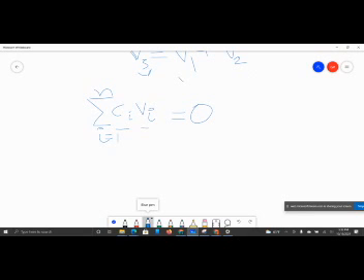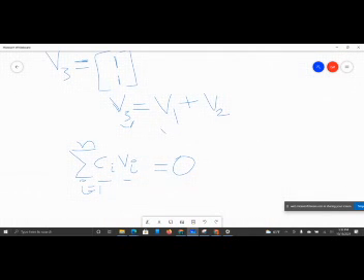Basically, what this ends up telling us is whether there is some linear combination such that these can cancel out. In the case of V1, V2, and V3, as we described above, C1, the multiplicand for V1, would be 1.